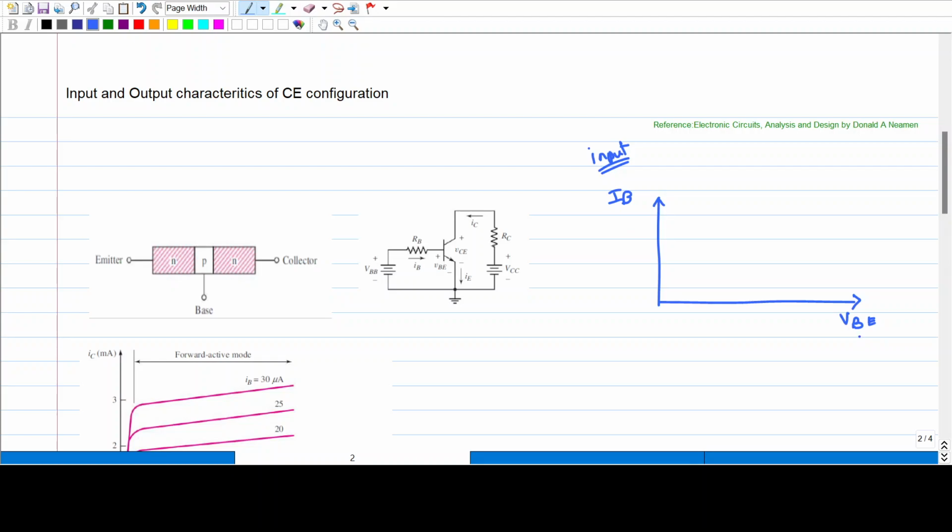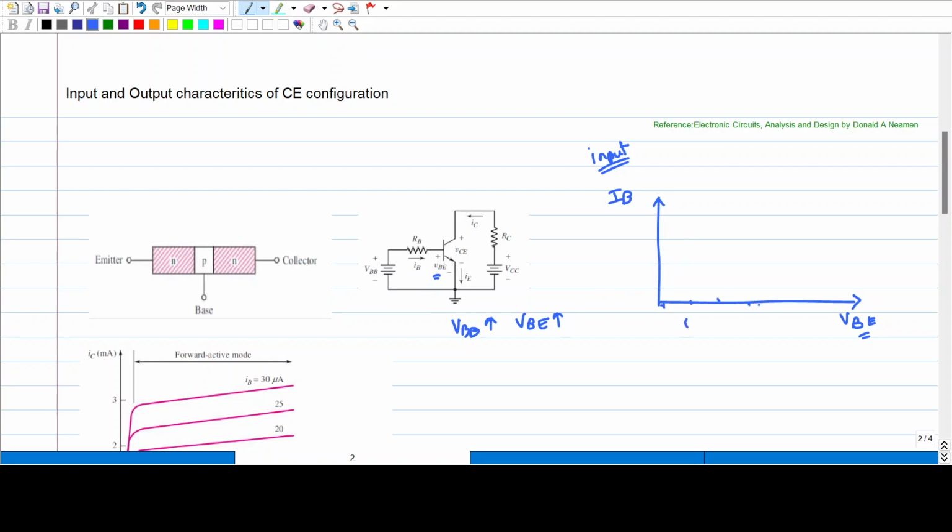So VBE is the voltage between the base and the emitter, which is shown here. What we have to do is increase VBB. So the increase in VBB will lead to increase in VBE. So for different values of VBE, you have to note what is the value of IB.